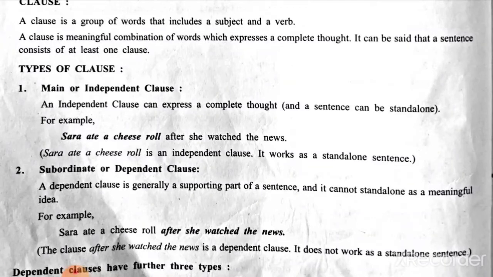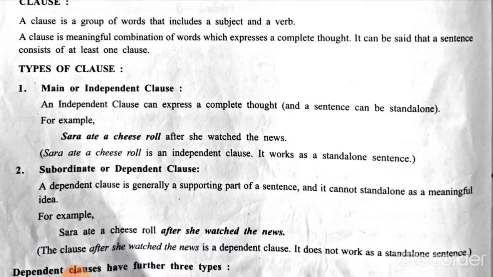The first main sentence is this, Sarah ate a cheese roll, and the part behind becomes subordinate to it. So it will come in the subordinate or dependent clause, because that second sentence is dependent on first, that the first happened, then this happened. Okay, so the first, that is main.